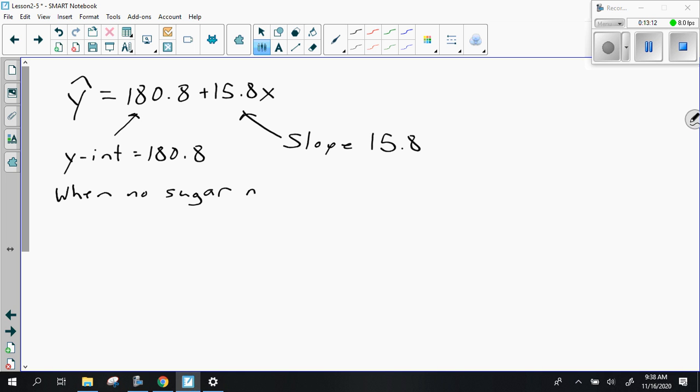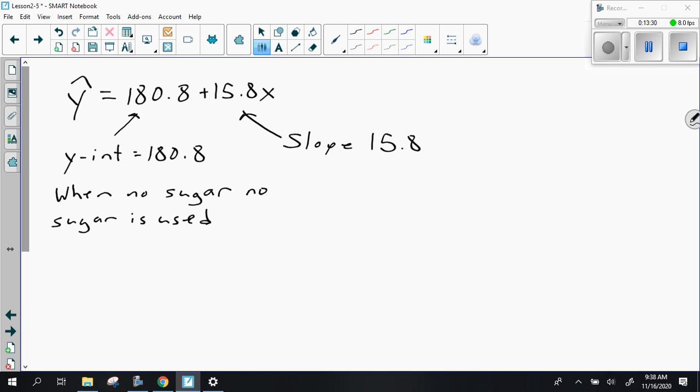We want to put these into the context of the question. Of course, that means that x equals 0, right? That's the value when x equals 0. But that doesn't give us context for the question, right? So when x equals 0, what does that mean? That means that there's no sugar added to the vase.